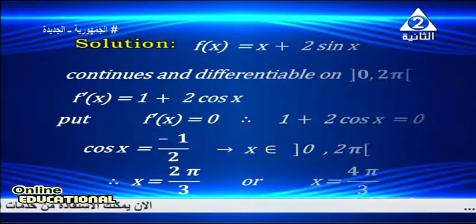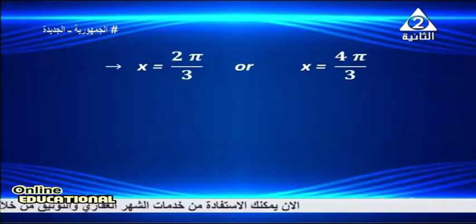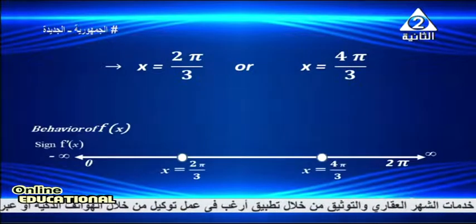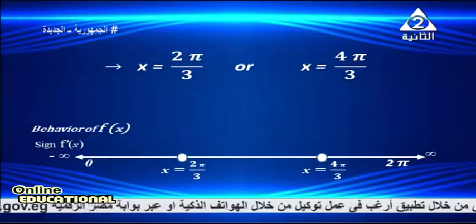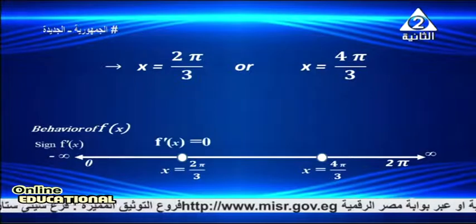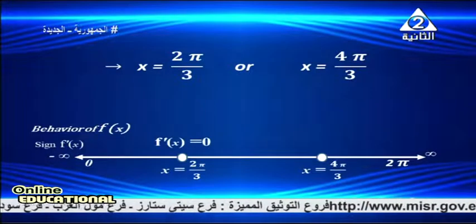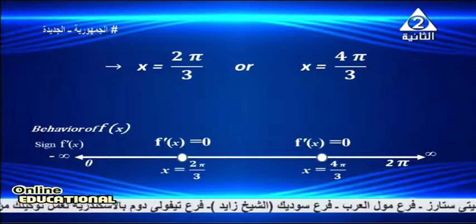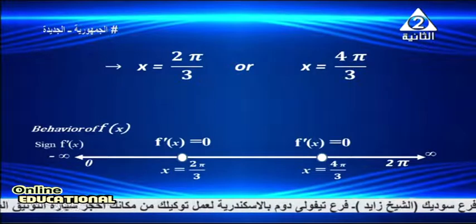Now we can deduce the behavior of the function f of x by using the number line. When x equals 2 pi over 3, f'(x) equals 0. And when x equals 4 pi over 3, f'(x) equals 0.